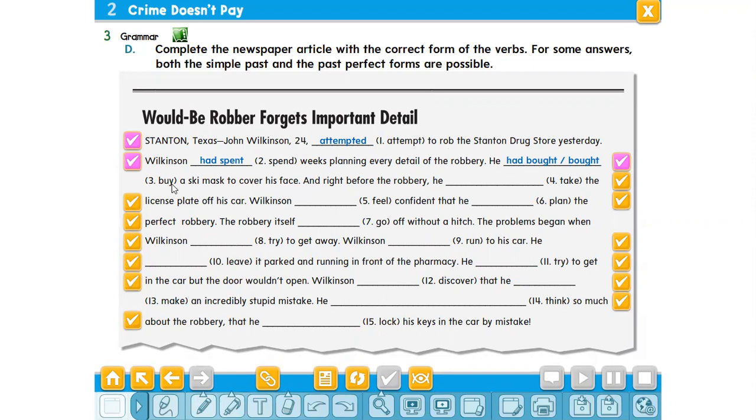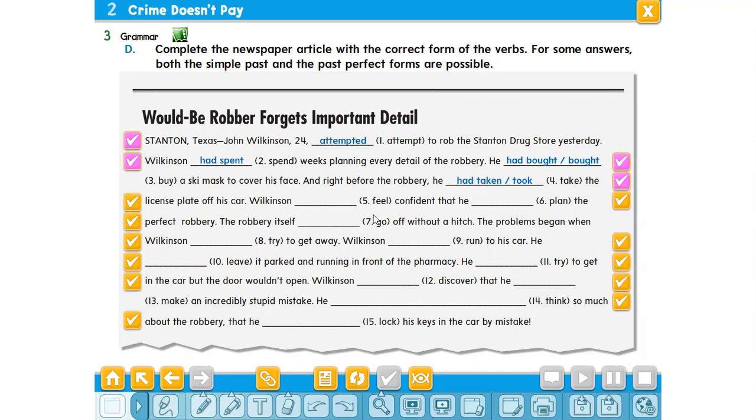This is a regular verb. And right before the robbery, he took the license plate of his car. Take will be had taken or took. But I prefer had taken because of before.